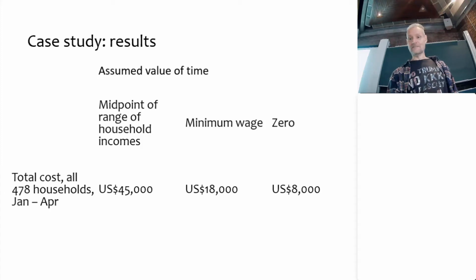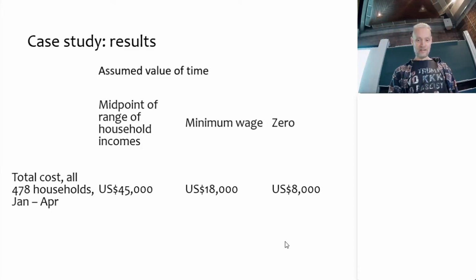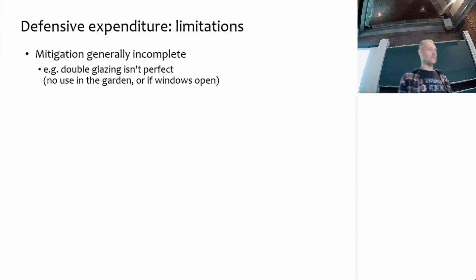So this sort of seems simple, right? But if you then bring it to an actual case, it's actually pretty hairy, and you need to make assumptions that are not necessarily credible.